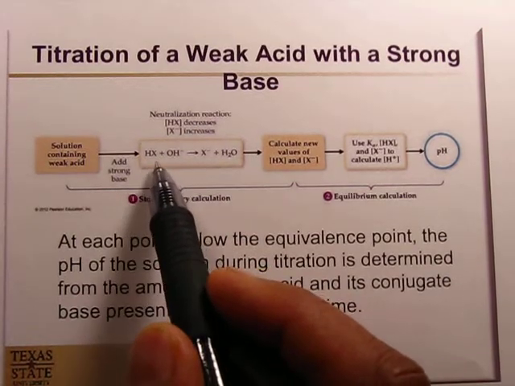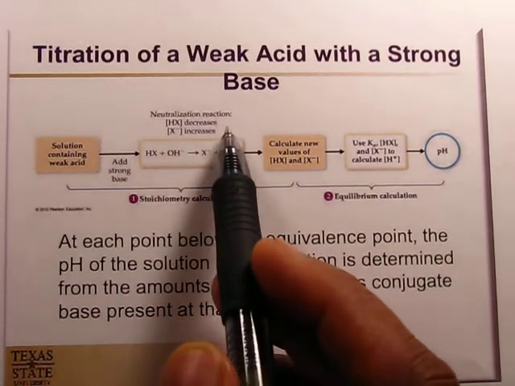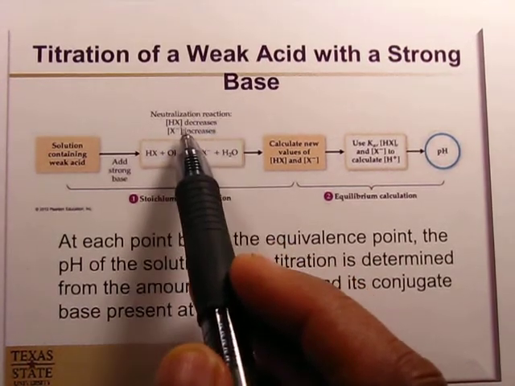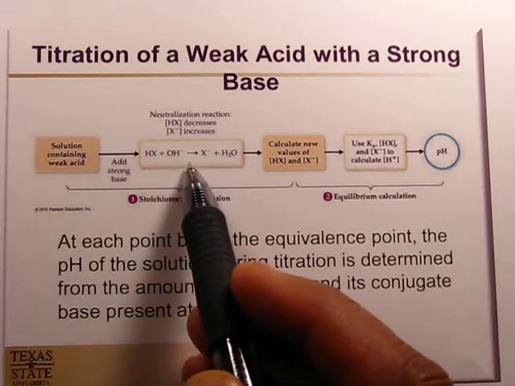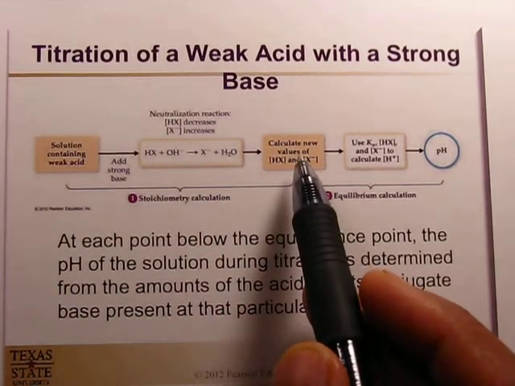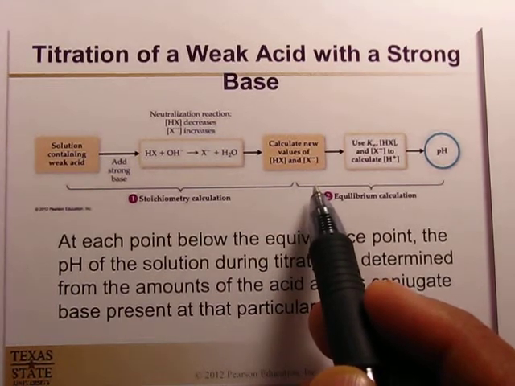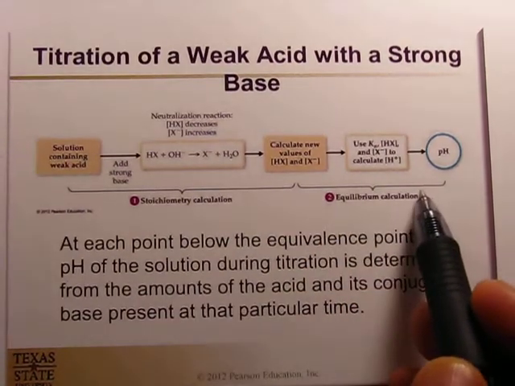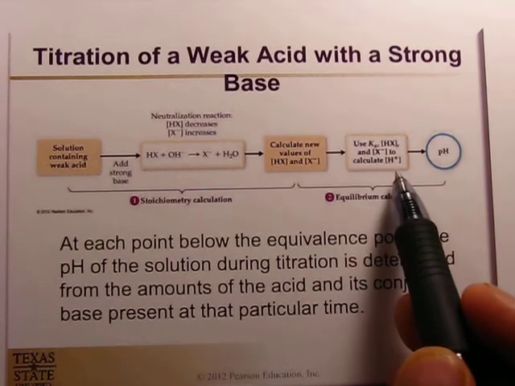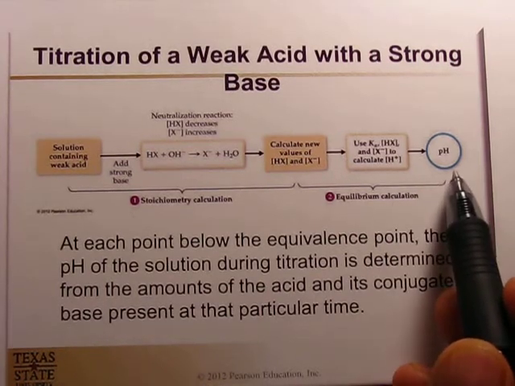For a solution containing a weak acid, we add a strong base. What will happen here? The weak acid starts reacting with the hydroxide ion, so an acid neutralization reaction occurs, the weak acid decreases and the anion concentration increases. Calculate the new values of acid and anion, then use the Ka, or the acid and anion concentrations, to calculate the hydrogen ion concentration, then calculate the pH.